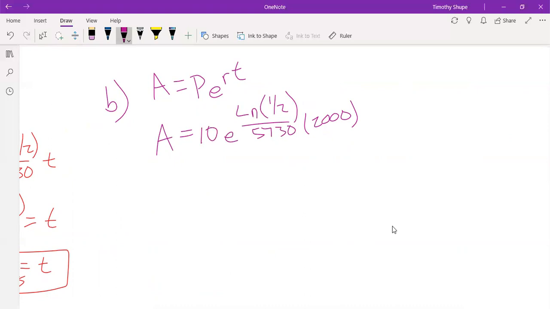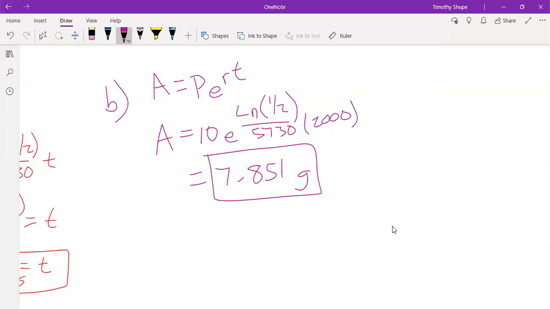So if I know my entire equation, we knew the initial value, we knew the rate, we knew the time, I can just plug all of those in and figure out what my final value is. So I take my 10, multiply it by E, put in my ugly looking rate of natural log 1/2 divided by 5730, and then multiply that exponent by 2,000, and I end up getting 7.851 grams left over after 2,000 years.